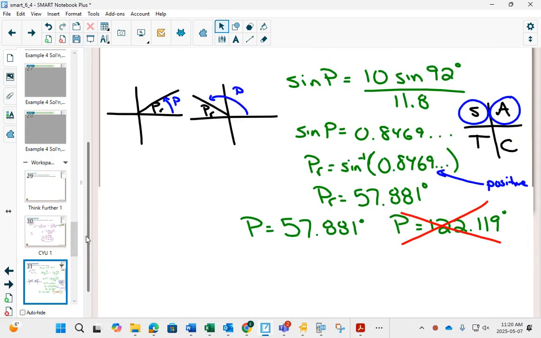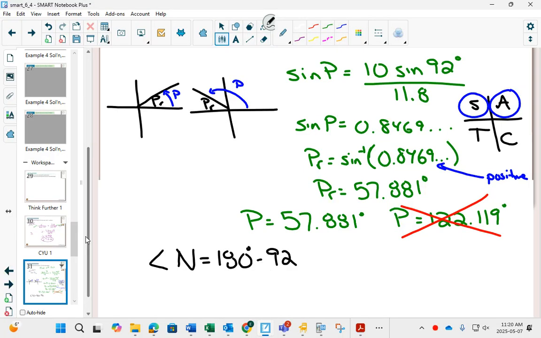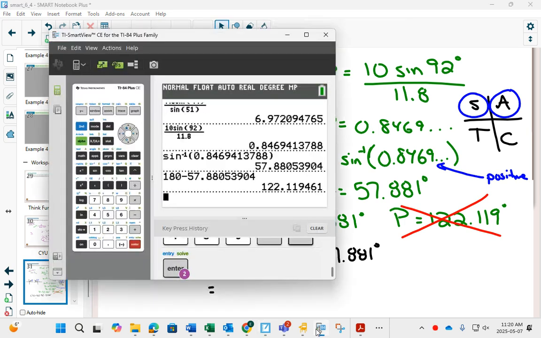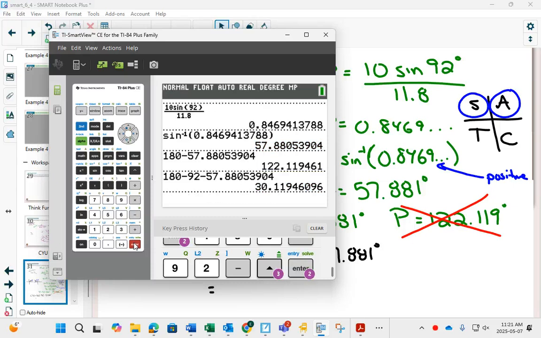And then if you wanted to find angle N, can you see that you can take 180 minus the 92 minus the 57.881. And again, I would go to my calculator, 180 minus 92 minus, and I would steal this answer from before, so I have all of its decimal places. 30.119.